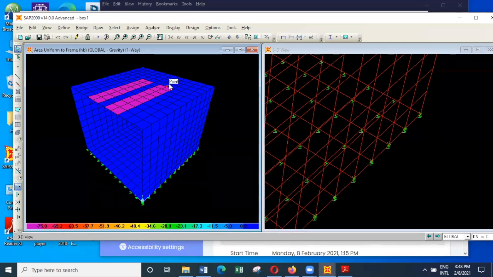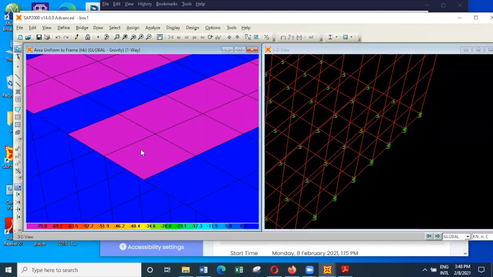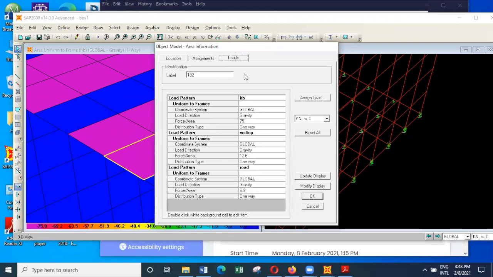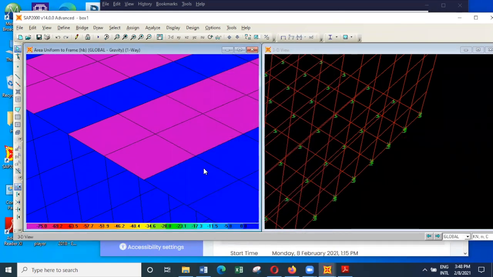I have considered a width of 4 meters. And if you consider the magnitude of the live load, I have considered something like 75 kilonewtons due to HB loading. Then you will ask, where are we going to place these loads?